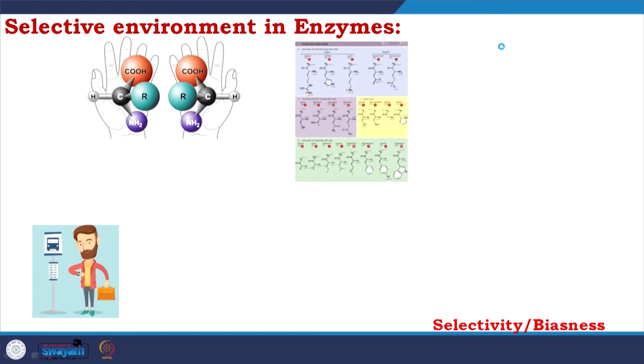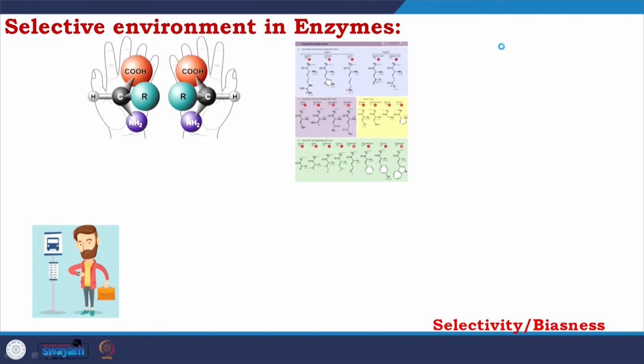But now, we have to talk about the selective environment in enzymes or proteins, which is our focus. We already talked about chirality, and that amino acids maintain chirality. So, you cannot get D amino acids, you only get L amino acids.